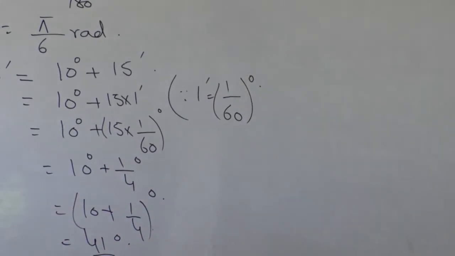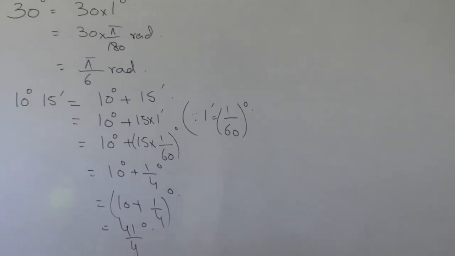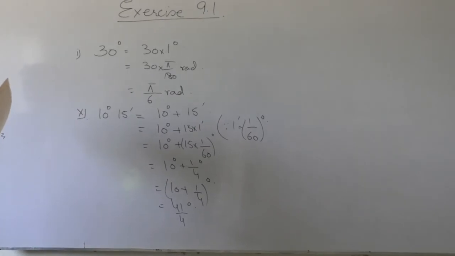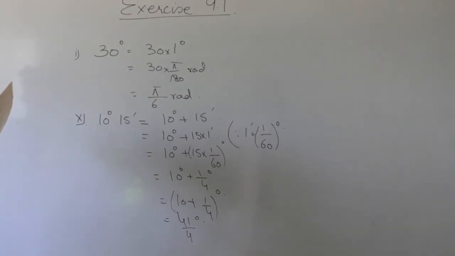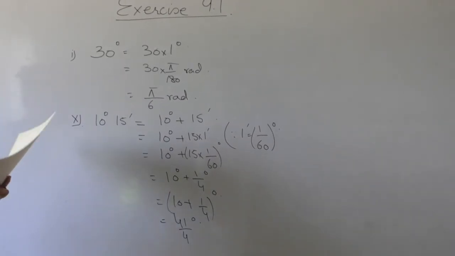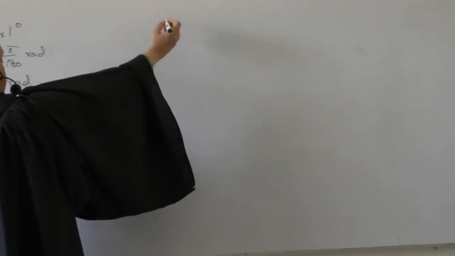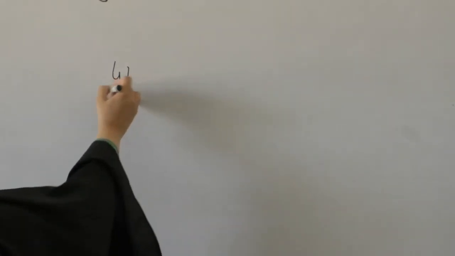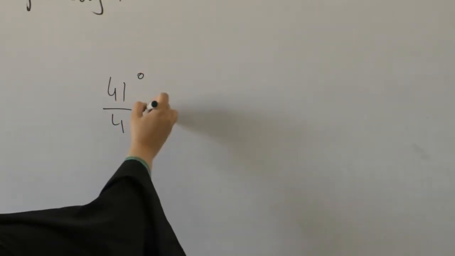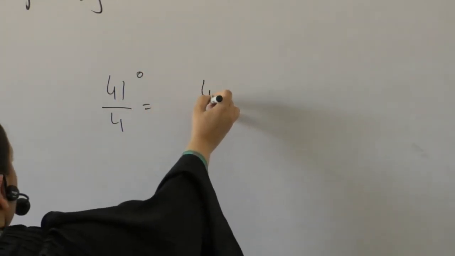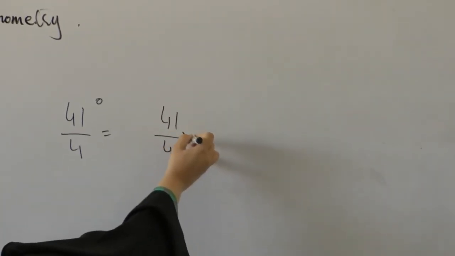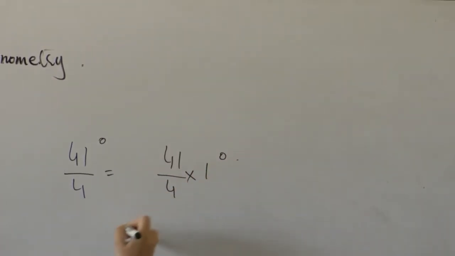But we need our answer into radian form, whereas our answer is in terms of degree. So we need further steps. This 41 by 4 degree will be equal to 41 divided by 4 into 1 degree.